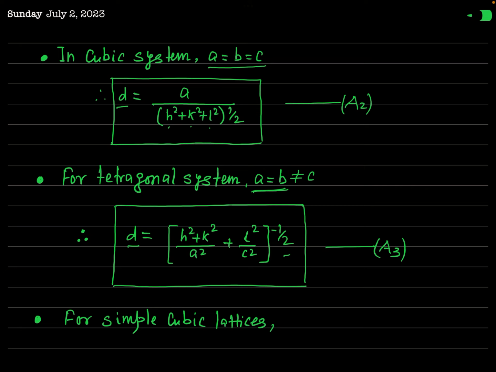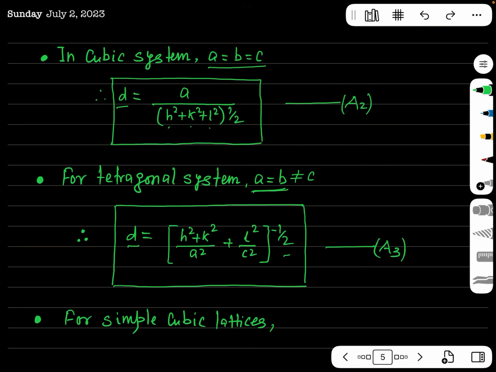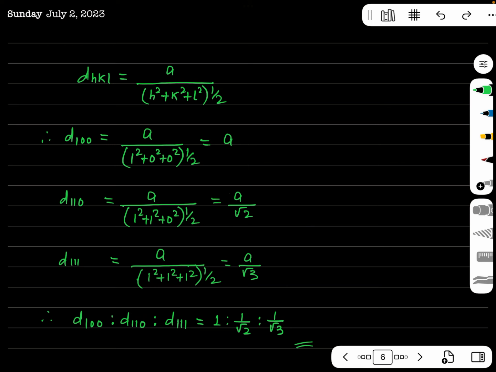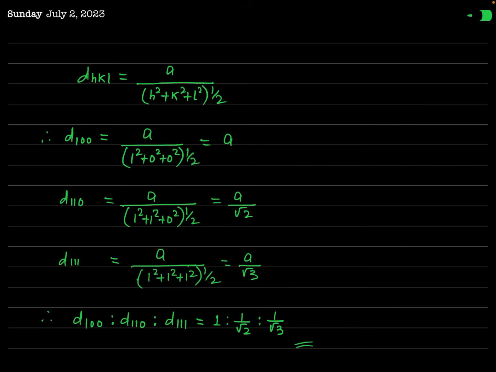Now we will see the different planes of a simple cubic lattice. If you are talking about the crystal planes of a simple cubic lattice, then D_HKL, this is the general formula for a cubic system. This is A divided by this much.